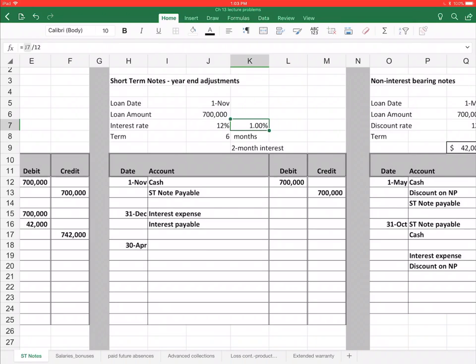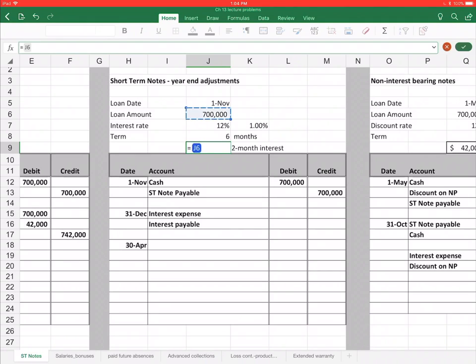Then I can take that monthly interest rate and multiply it by the number of months I've had outstanding. So for this problem, if I want to calculate 2 months' worth of interest, I will say equals 700,000, that's my outstanding loan amount, times the 1% monthly interest rate. I'm sorry, that's the annual interest rate divided by 12.